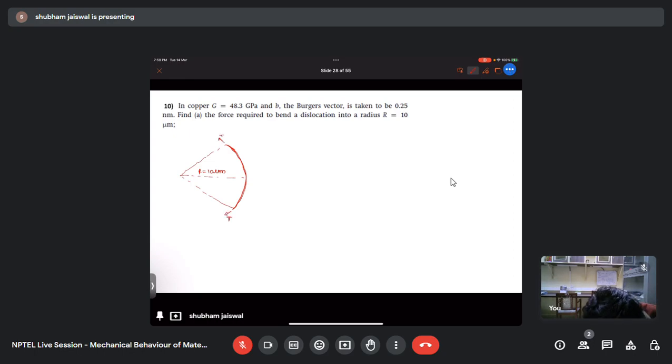They are asking what force F is needed to bend that dislocation into a radius of R equal to 10 micrometer.